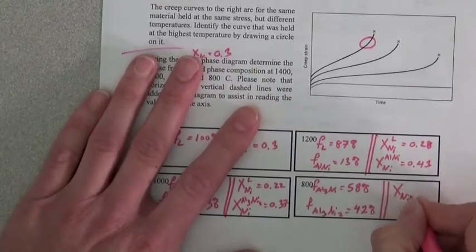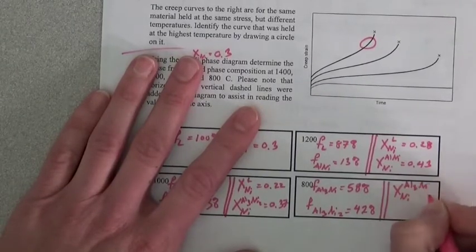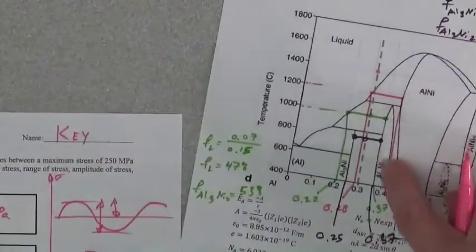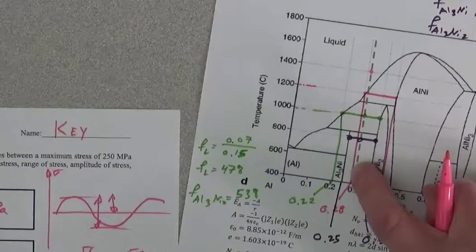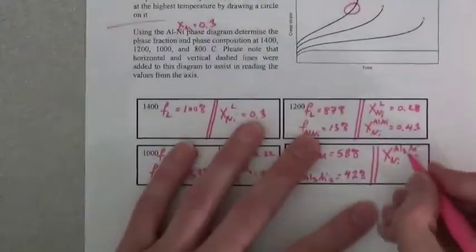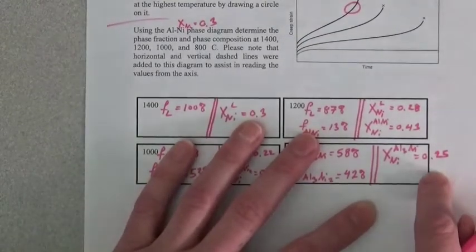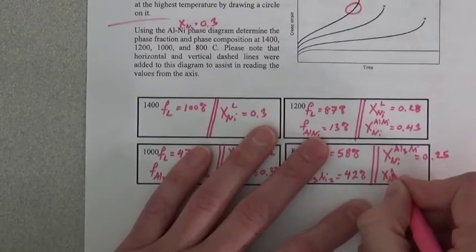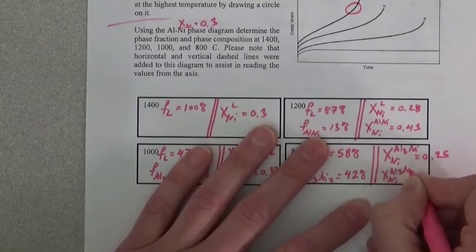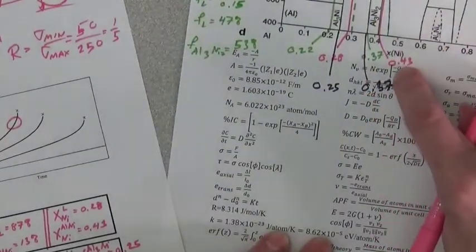The nickel composition of Al3Ni is going to be 0.25, because it's the line compound, and the nickel fraction in Al3Ni2 is going to be equal to, what do I call this?